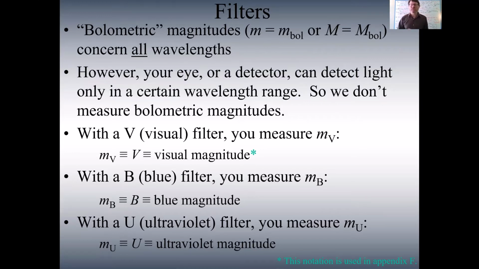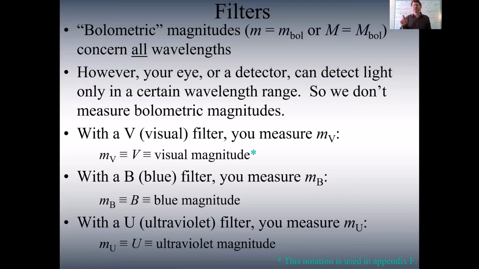If you have to do an example problem on your homework and you see magnitudes listed in Appendix F that you're referring to, you'll see things like capital V. Capital V is the same thing as lowercase m sub v. In other words, it's the apparent magnitude in the visible, with the V filter.